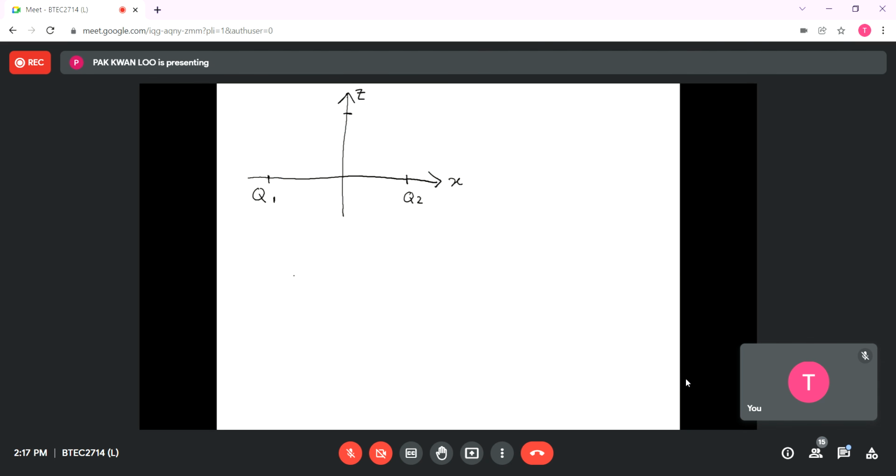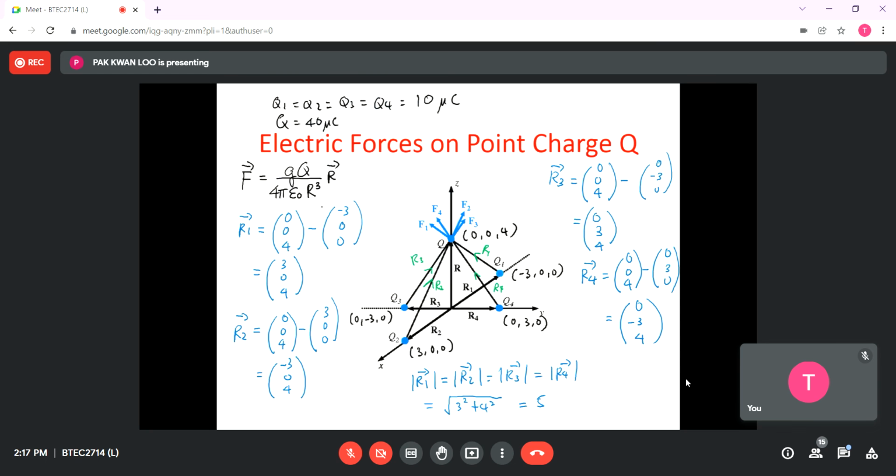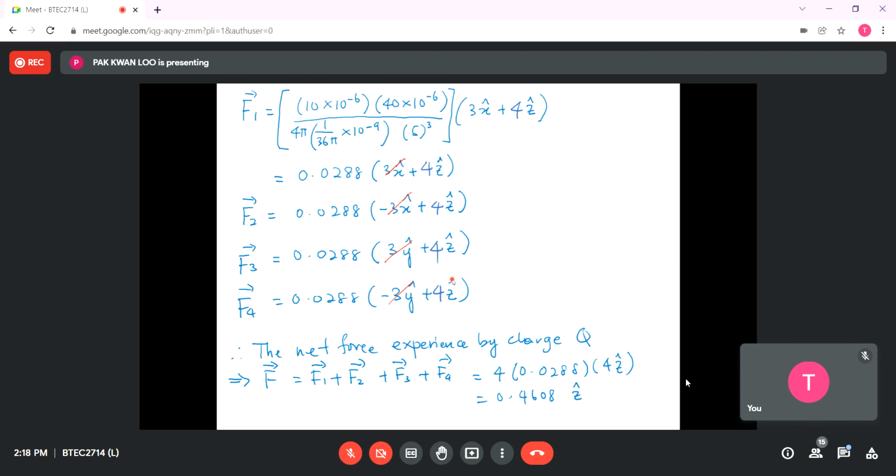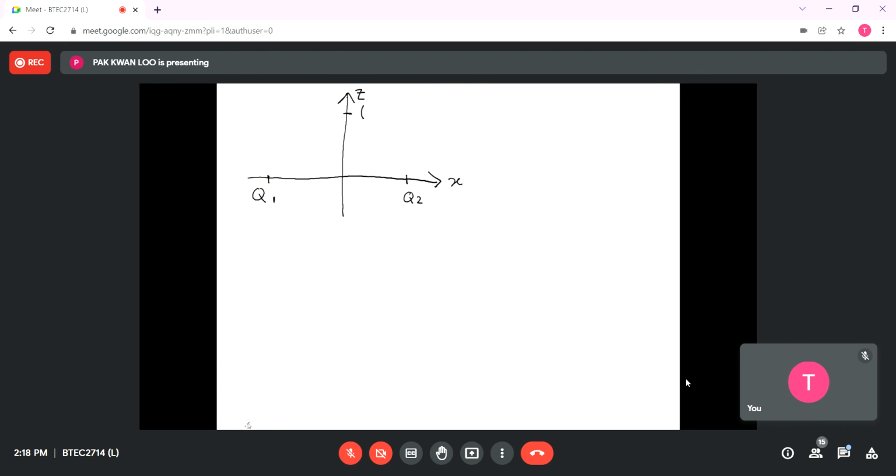If I'm looking in the direction of the y-axis, let's say you stand at this point here and look straight into the negative direction of y, then you can see that this is the axis now. Q1 and Q2 are here, and this is 0.